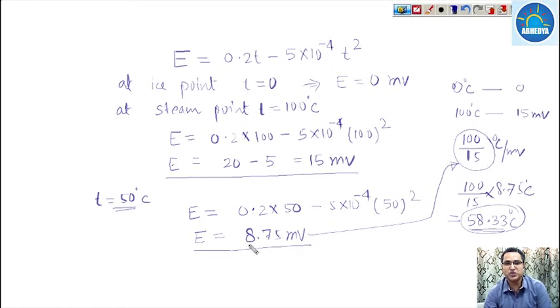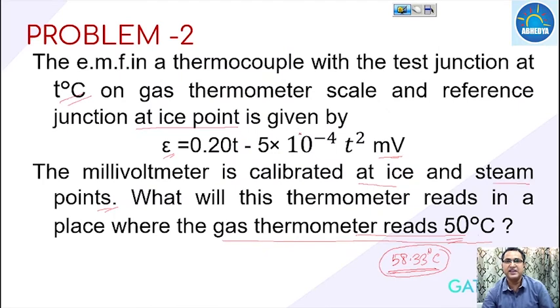So at 8.75 millivolt, how much will be the temperature? Obviously, multiplied by 8.75, you will get 58.33. This is the temperature measured by the thermocouple. This type of question has been asked many times in the GATE exam, engineering services exam, everywhere.